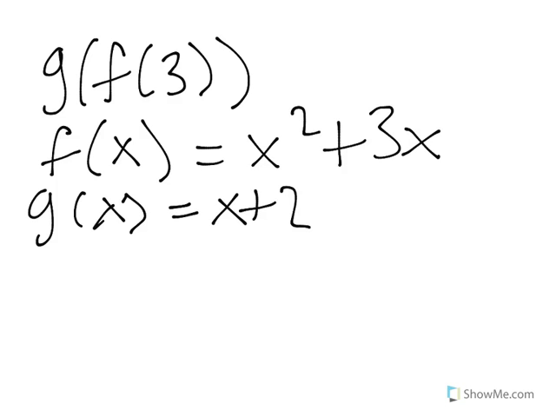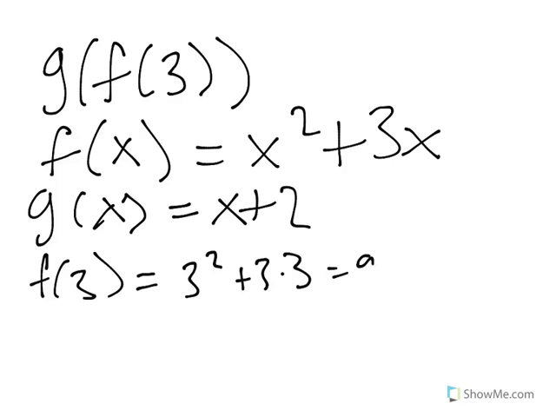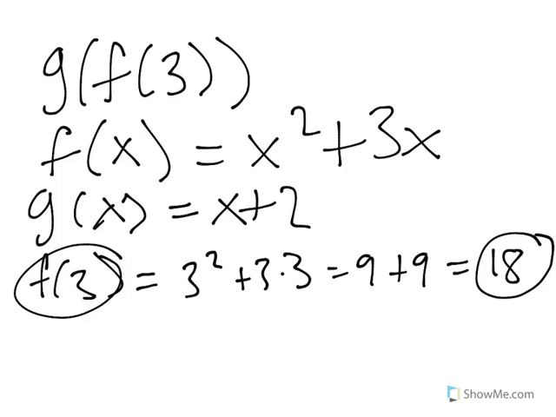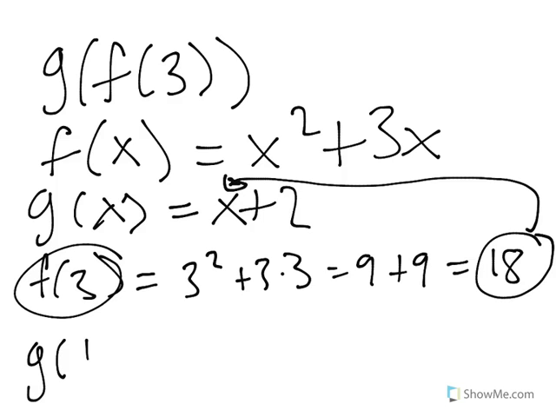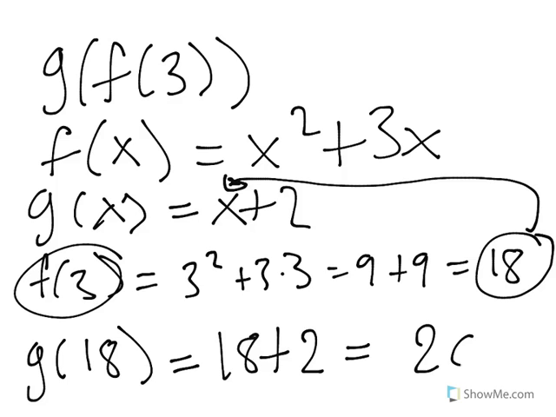And what they're asking is for you to do f of 3, which is 3 squared plus 3 times 3, which is 9 plus 9, which equals 18. So now you plug f of 3, which you found is 18, back in for x in g of x. So you do g of 18 equals 18 plus 2, which equals 20.